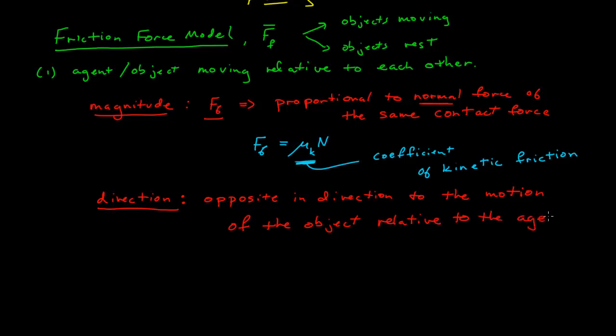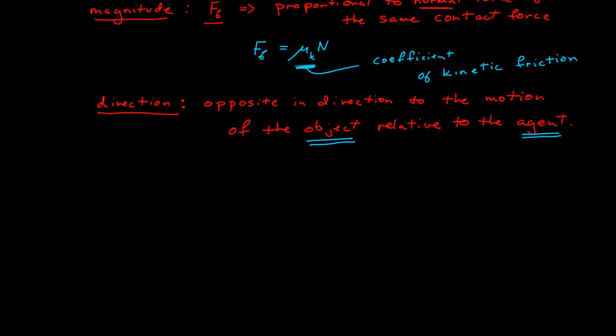And so this is important. You have to be very clear when dealing with the frictional force which item is the object and which is the agent. The direction of the frictional force is opposite to the motion of the object as seen by the agent, or relative to the agent.